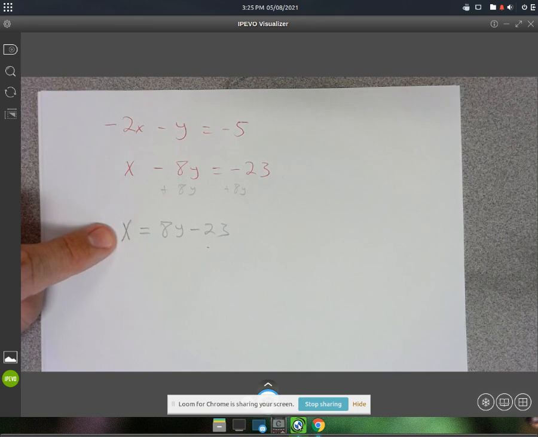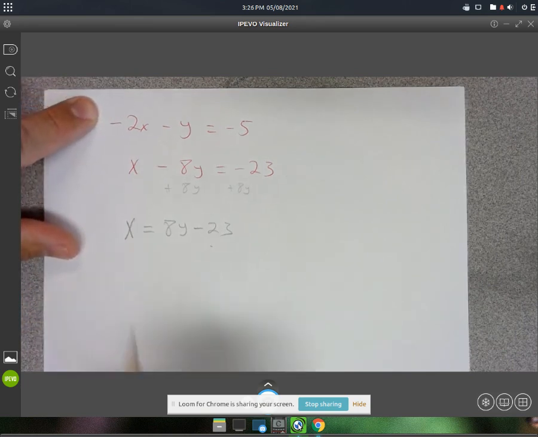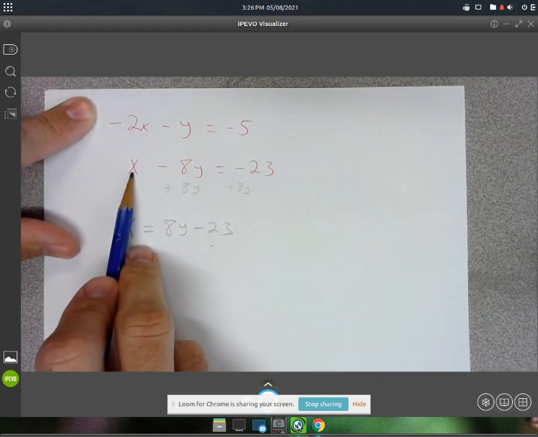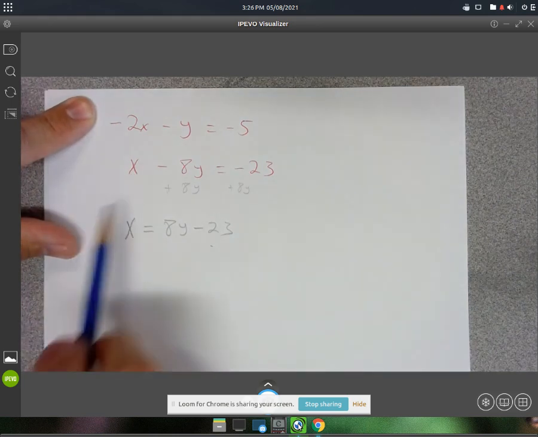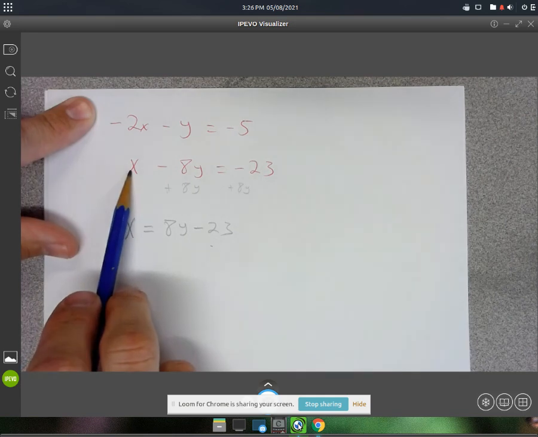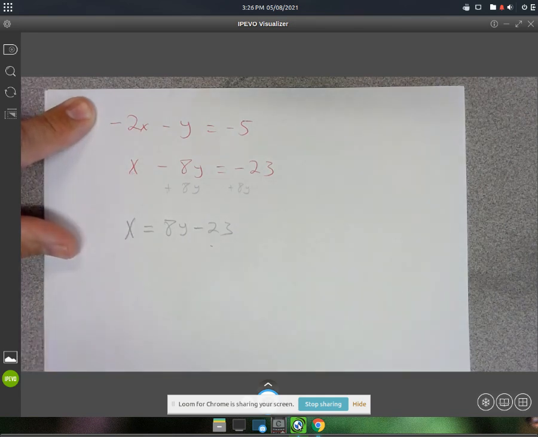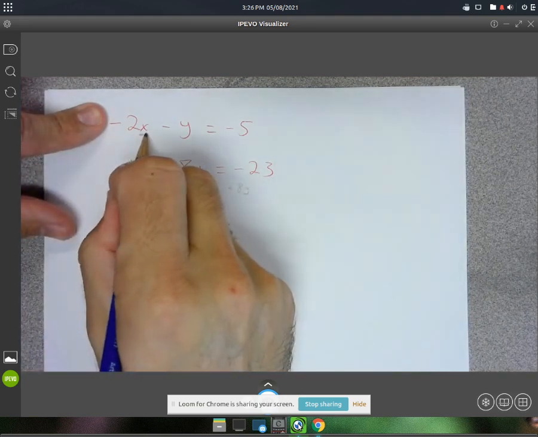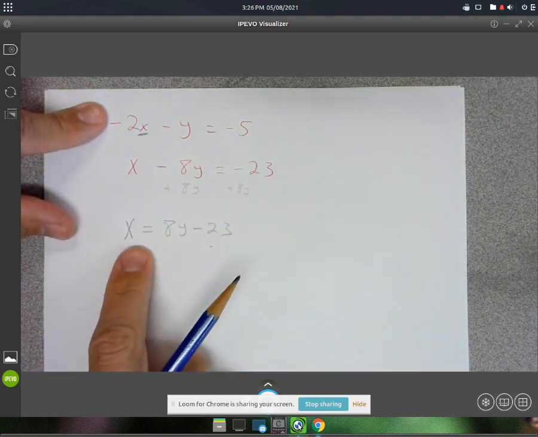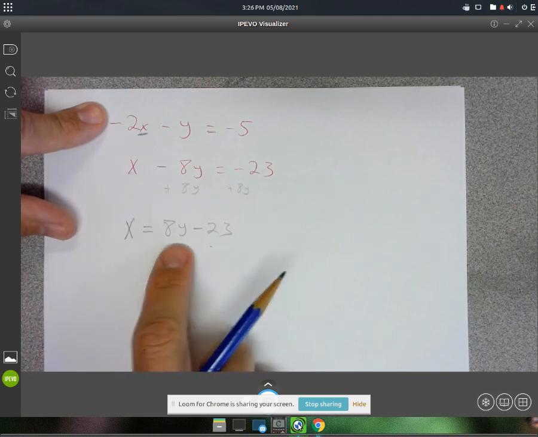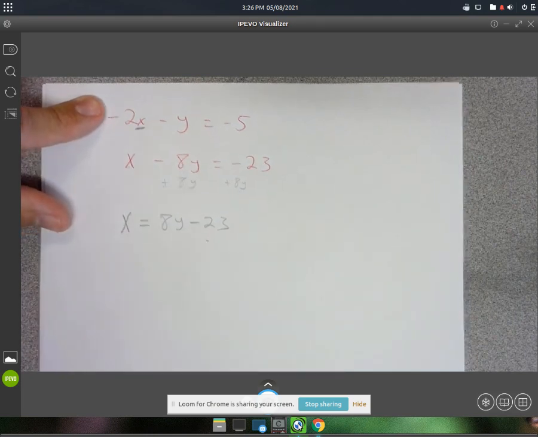All right, and then you're going to go to the other equation that you haven't messed with yet. I'm not going to substitute it into this equation, because that's not going to do anything. You would see it would just cancel everything out. But you're going to go to your other equation and replace the x, because that's what we solved for, with 8y minus 23.